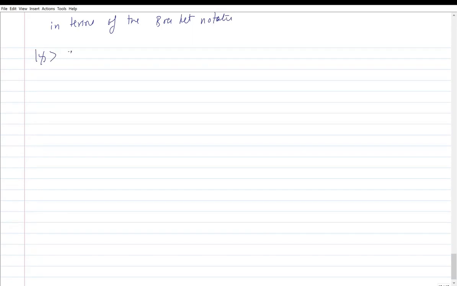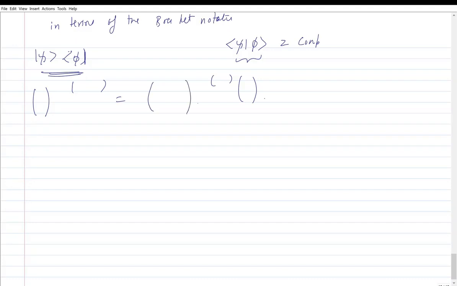You have an operator, mind you, this is an outer product. Mind you, this was a number, a complex number, where a row was getting multiplied to a column. This is an outer product where a column is getting multiplied by a row. I'll get a matrix.